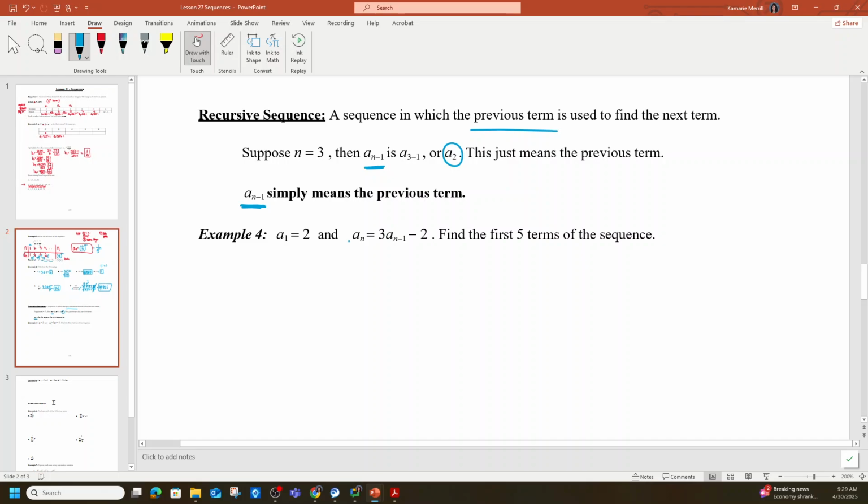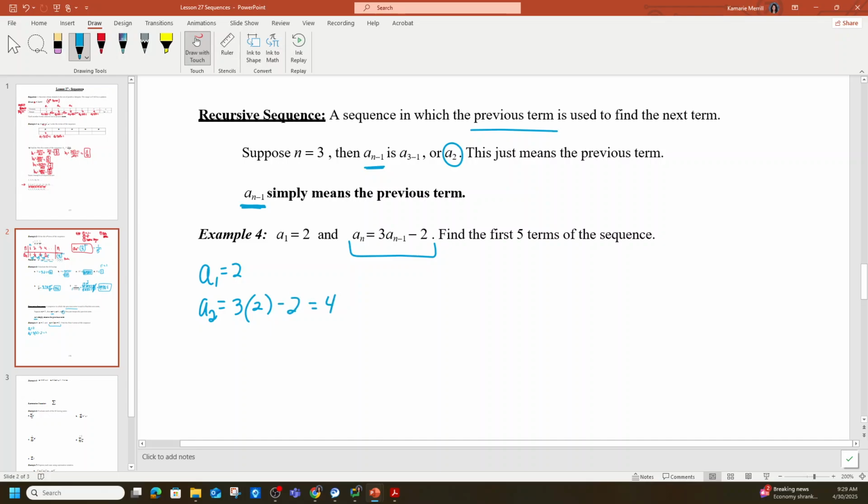So here's an example of how to read this definition. Putting this in our own words: take 3 times your previous term and then minus 2. Okay? My first term is 2. So to find my 2nd term, I do what? I plug in 2 to the previous term spot.